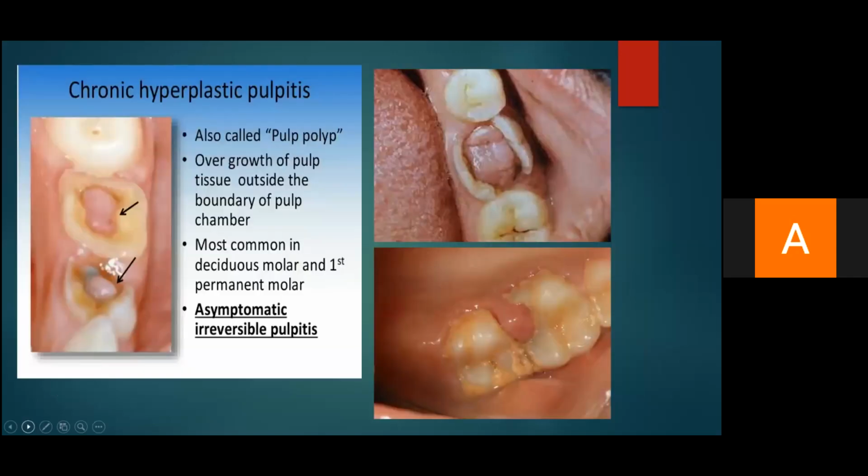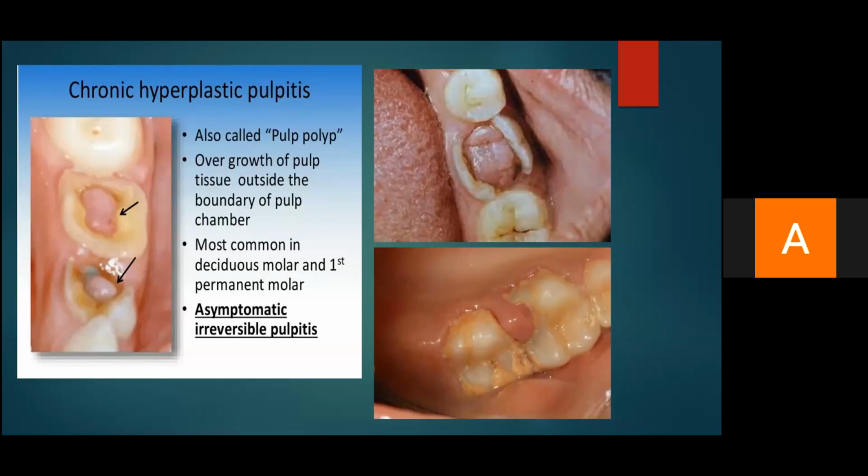Now, this is one more case known as chronic hyperplastic pulpitis. It's also called a pulp polyp, which is an overgrowth of pulp tissue outside the boundary of the pulp chamber. This is seen only in deciduous molars and first permanent molars, because when the tooth is young and there is lots of pulpal tissue inside, the response to external forces is not very severe.